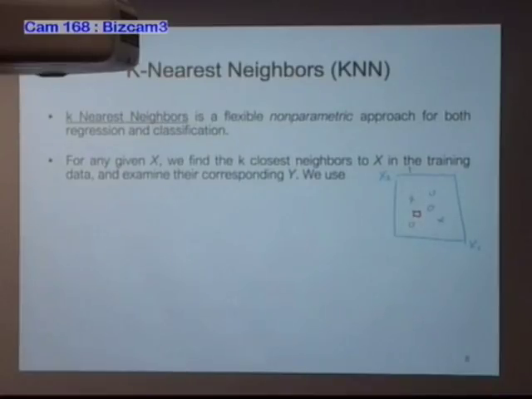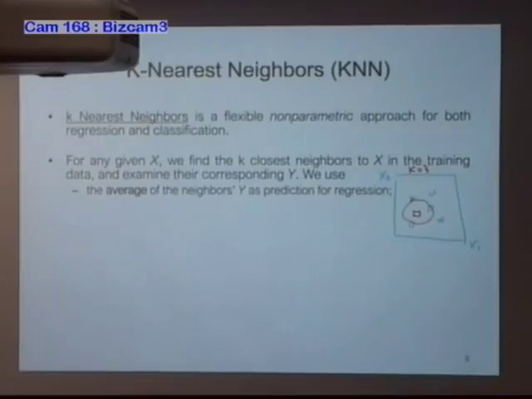Let's say k is 3. Let's look at this red guy and find the 3 nearest points in my data set. We say roughly these 3 guys. Out of these 3 guys, I have 1 cross 2 circles. So majority wins. So I'll predict my point as circles. That's it. Done.